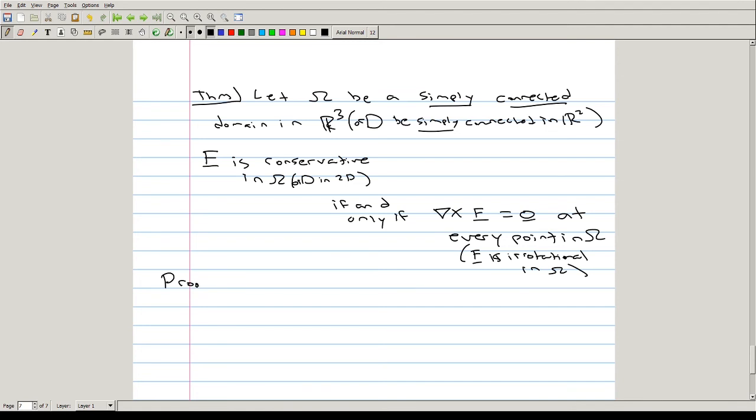The proof is going to come from what's called Stokes' theorem. But if we move back to our previous example, we see that this is very, very nice.